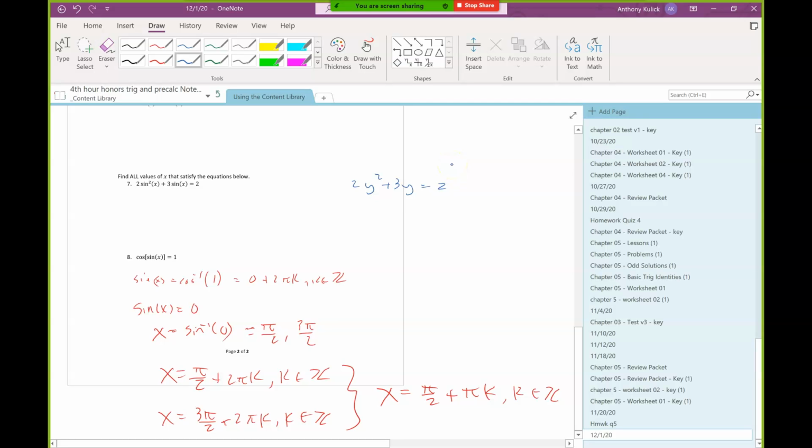You see how what we have there is basically the same thing, but instead of y's, we have sine x's, right? So I'm going to solve this equation much in the same way I would solve this one. I would start by getting it equal to 0, so I'm going to subtract 2 from both sides.